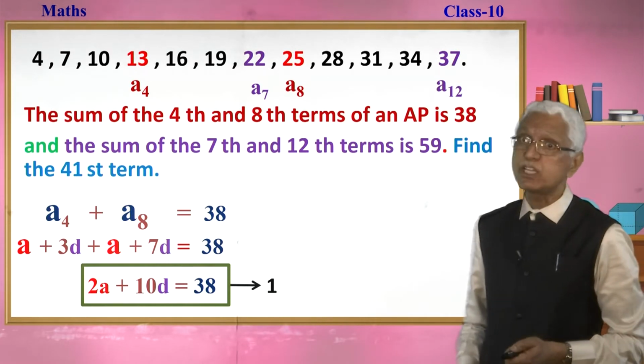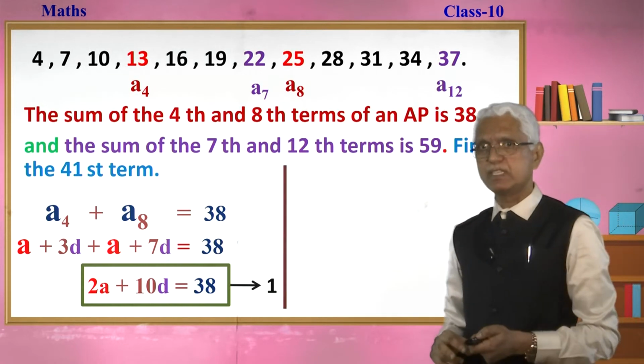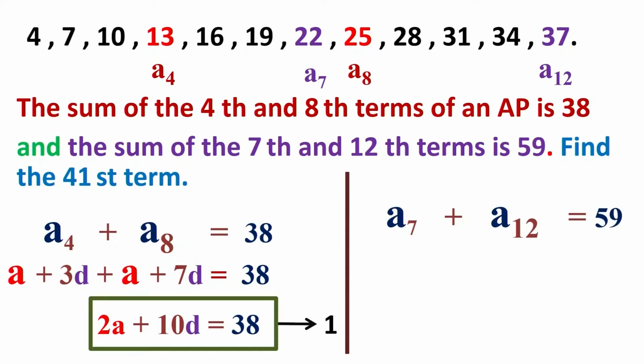Now we have to see the birth of the second equation using the second part of the problem. Shall we see, my dear children? What is it? The sum of the 7th and the 12th is 59. A7 plus A12 is 59, right? A7 is, will you write A plus 7D?